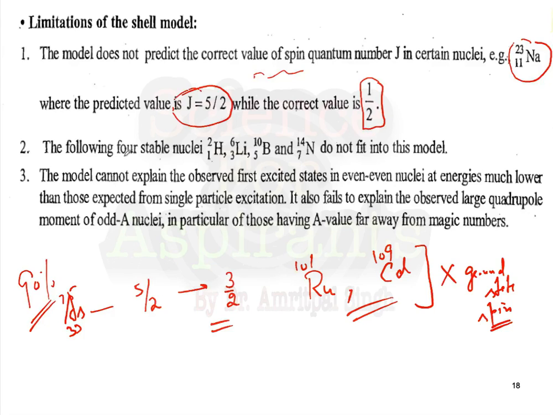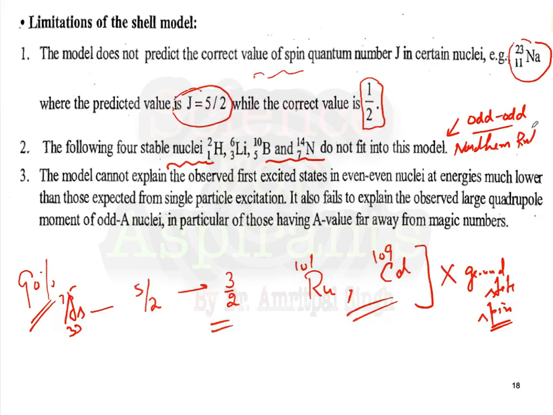The second point is that the shell model failed to explain the odd nuclear spin. I have already told you this. Odd spin we can find out using the Nordheim rule.